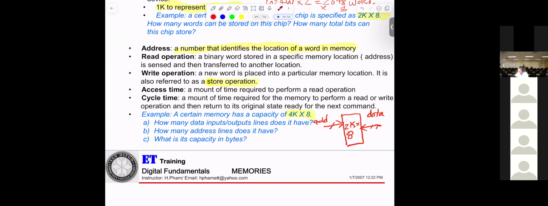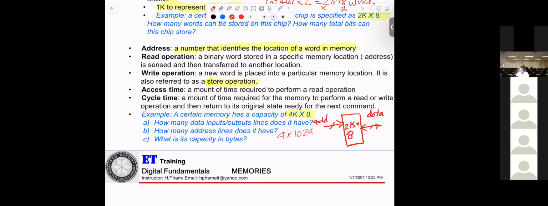First thing, 4K, 4 times 1024, that will be given to you as the total capacity, 4096 locations. And the data will be 8-bit.